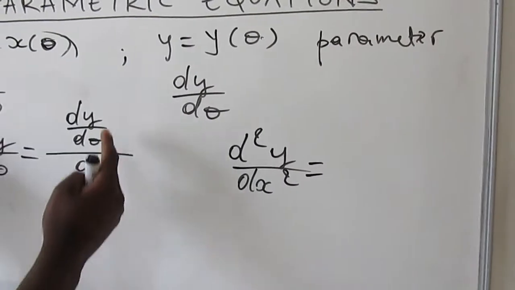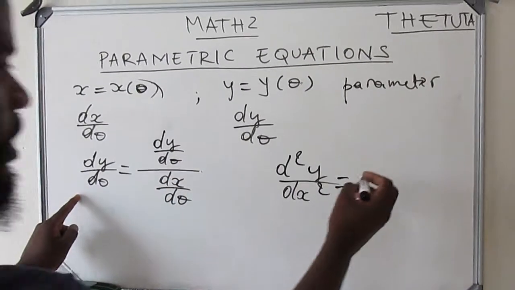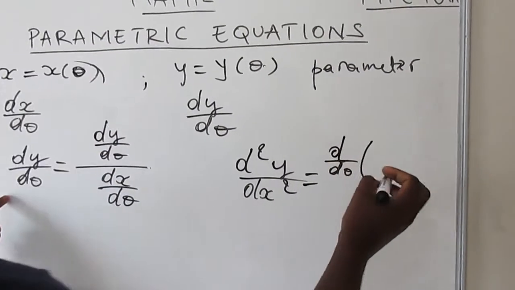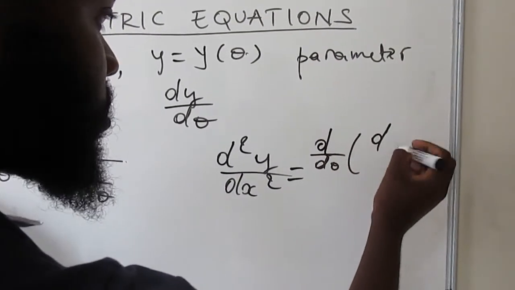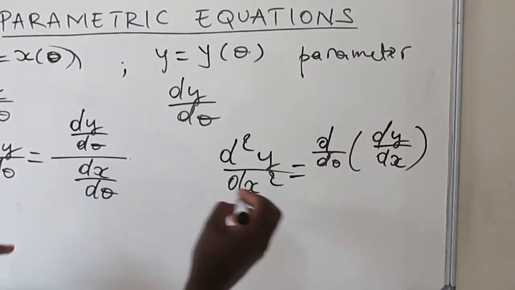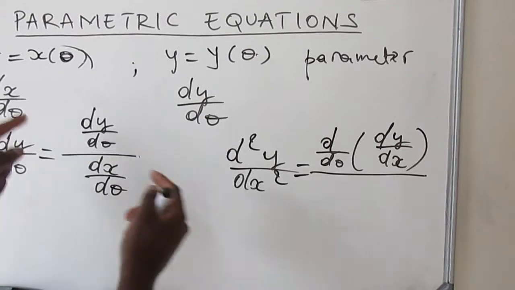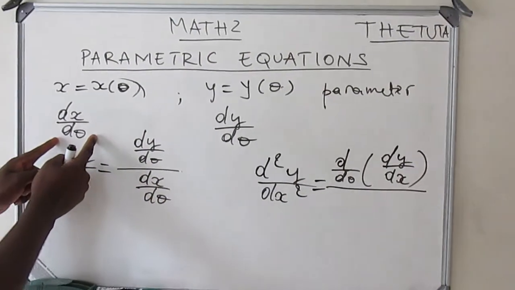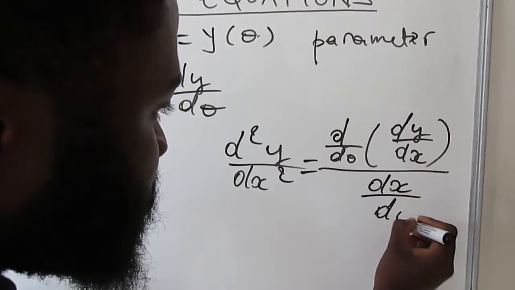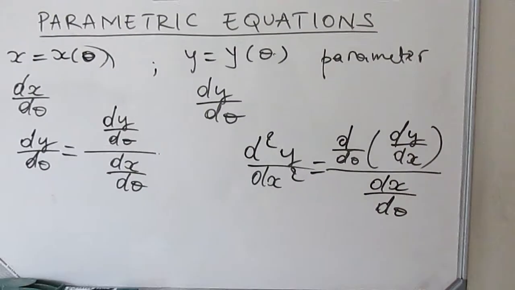You have to derive first this dy over d theta, you derive it, and you say over, you now take dx over d theta. Done. This is all about parametric equations.